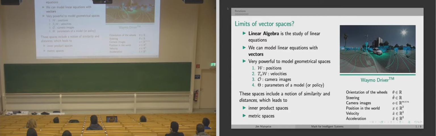Again, I have my example here with the orientations and things that have to do with the self-driving car, and how these things are all vectors. So you see the kind of Rn vector spaces that these things belong to. I think the less intuitive one is that camera images also define a vector space.